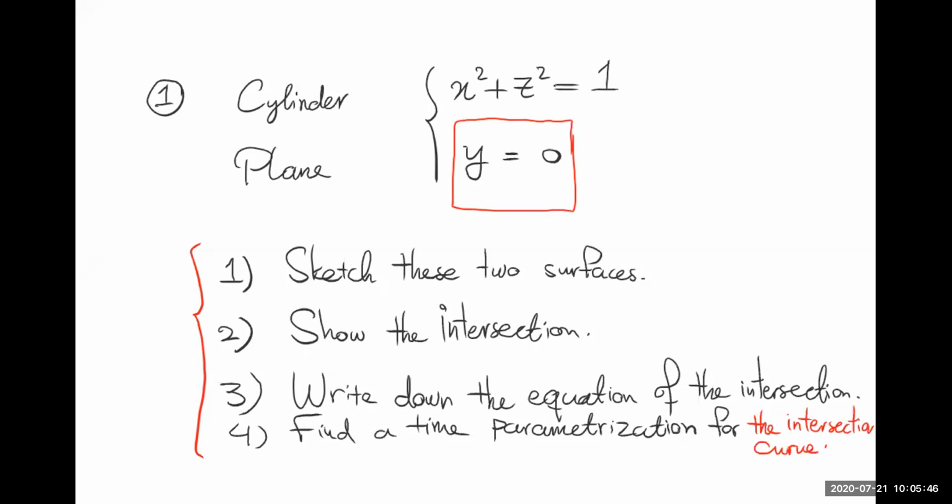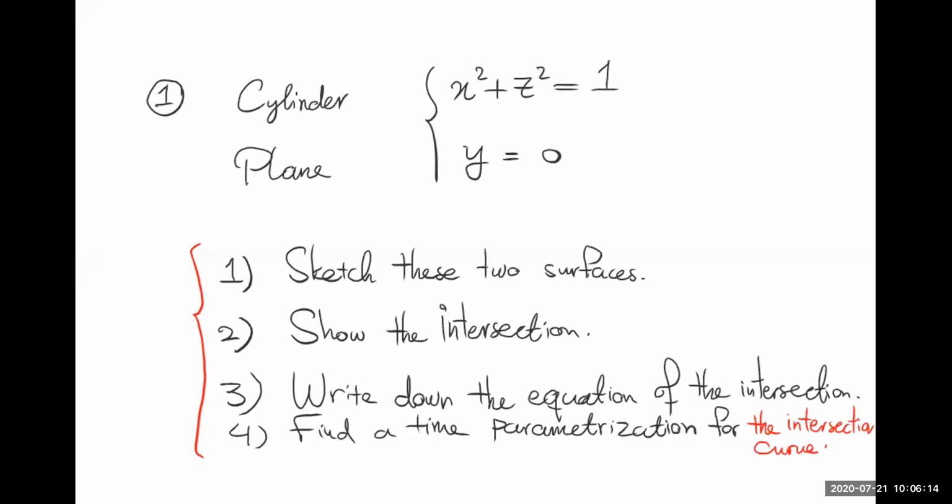So y should always be equal to 0. So if x squared plus y squared equals 1, it means y squared is 0, so x squared would always be 1. x squared plus z squared. But you're right, you've made just a small, tiny mistake there. Yeah, I guess probably it's x squared plus z squared equals 1.